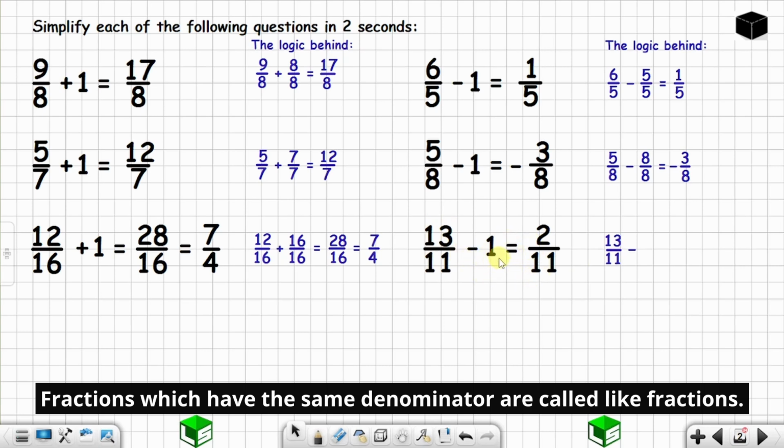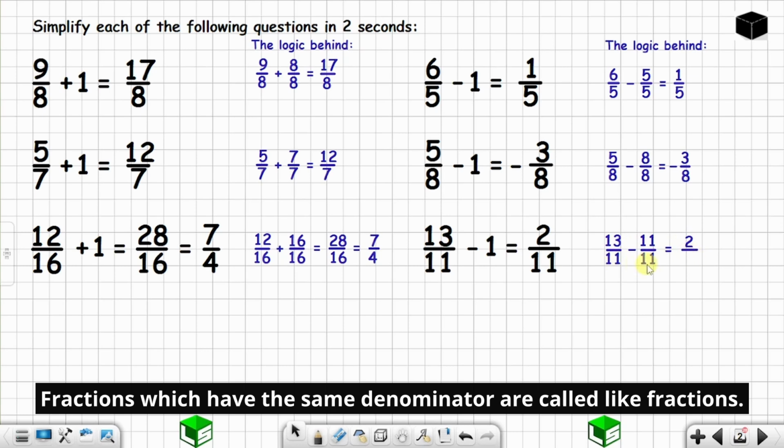So 1 can be written as 11 over 11, and 11 over 11 is 1. Now you have like fractions with the same denominator, so you subtract your numerators. 13 minus 11 is 2.